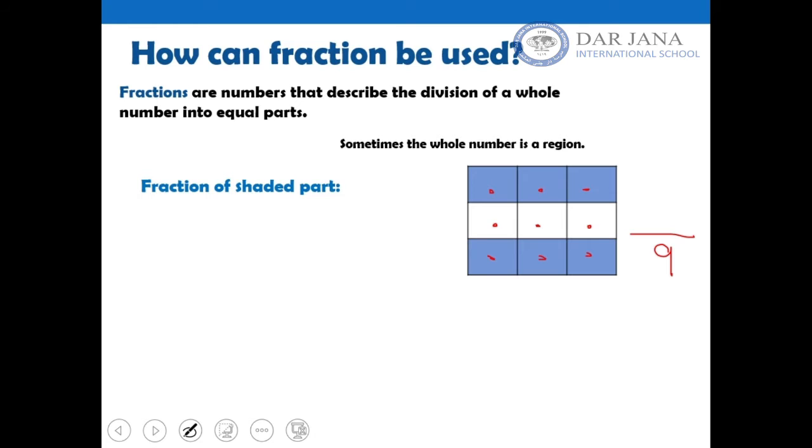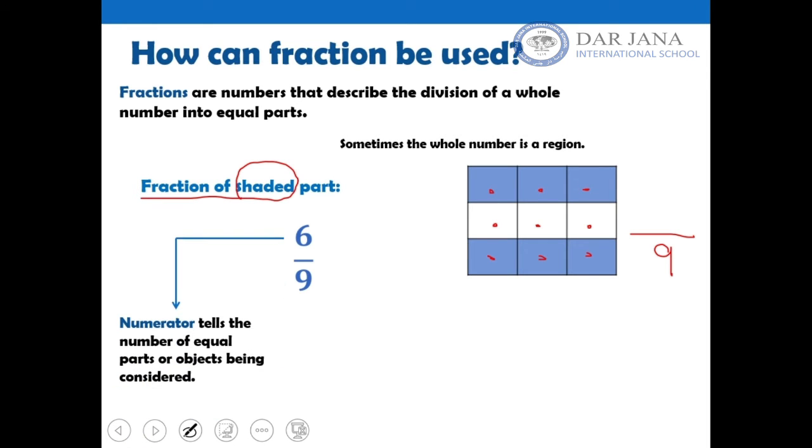Now, if they ask me about the fraction of the shaded part, I want only the shaded part. So I need to count how many shaded parts I have. I will count them and find out that there are 6. So here there are 6 out of 9. 6 is the numerator that tells the number of equal parts being considered.